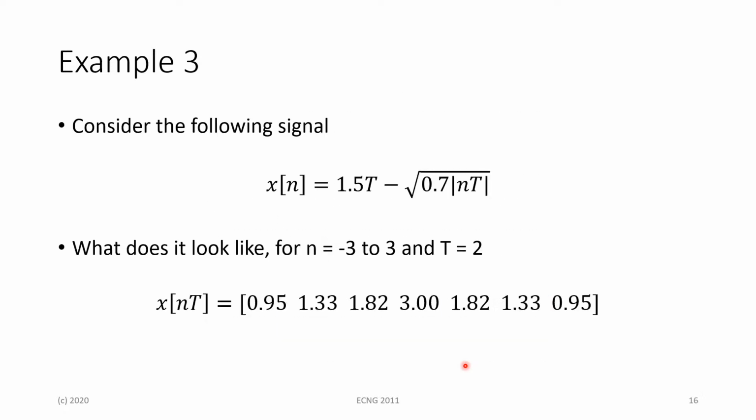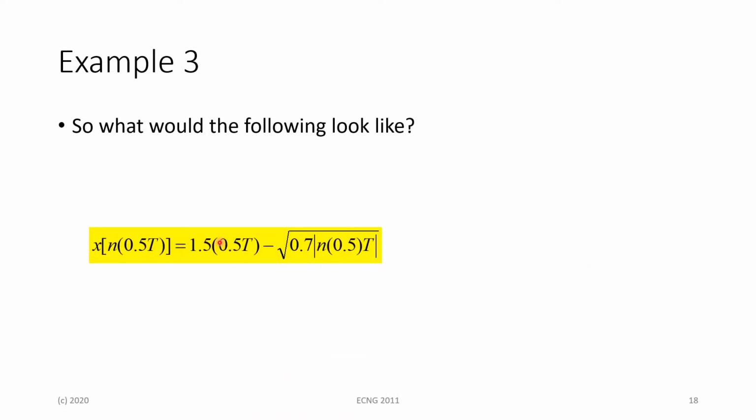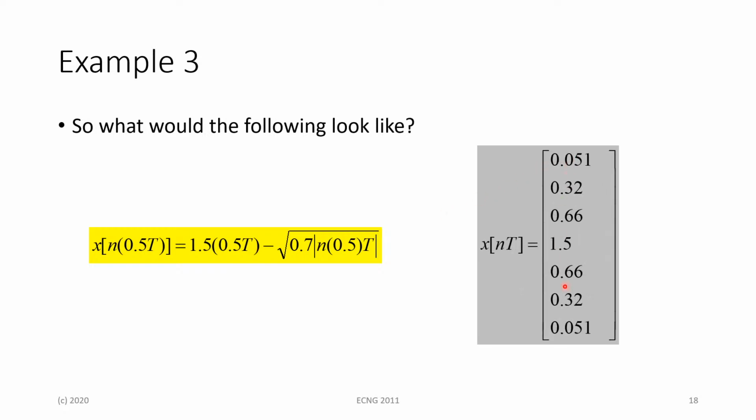Because even though that we saw in our previous case where t is equal to 2, and we went from n -3 to +3, we had these values here. So we had 0.95 here and 0.95 here on the beginning and end. Because the equation on the right hand side is represented by t and n, that means when you time scale, so instead of having normal t here, we go 0.5t. The amplitudes here also change because of that t factor and the n factor incorporated with it accordingly.